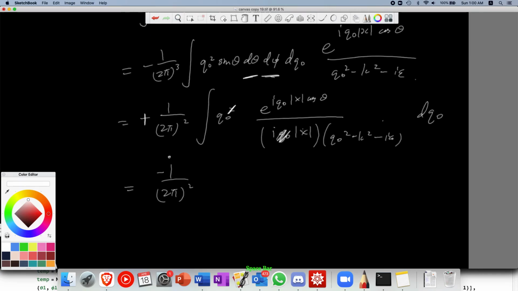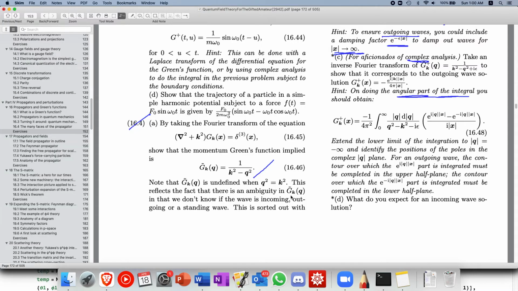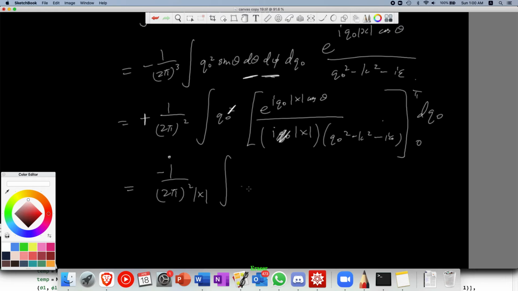x can be pulled out because it's a constant, and we have the integral. I'm sorry, I forgot to evaluate this between pi and 0. Anyway, that gives us, we have something in the denominator, so we have q naught dq naught over q naught squared minus k squared minus i epsilon.